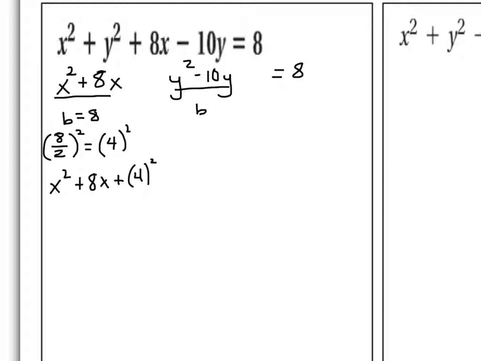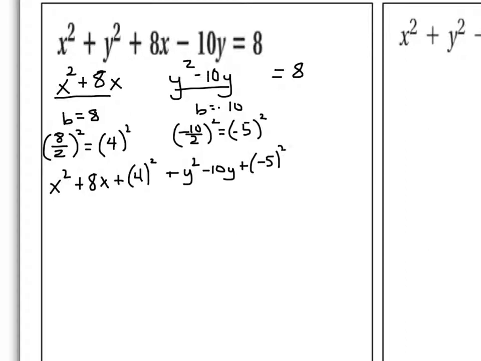Over here, b is negative 10. So I've got negative 10 divided by 2 squared, which is negative 5 squared. So over here, I'm going to write this as plus y squared minus 10y plus negative 5 squared. And then I'm going to bring down my equals 8.